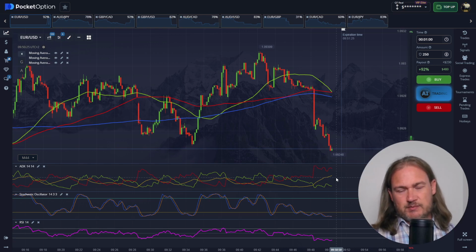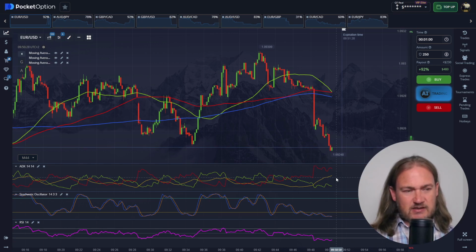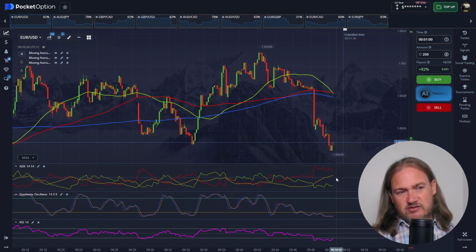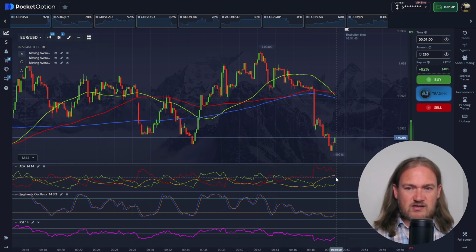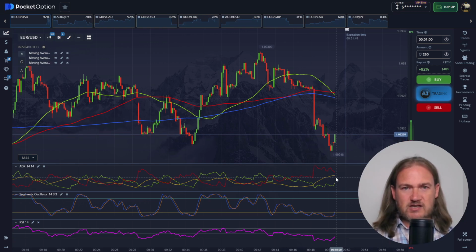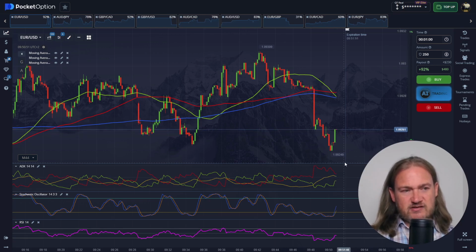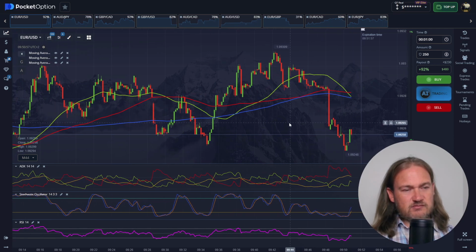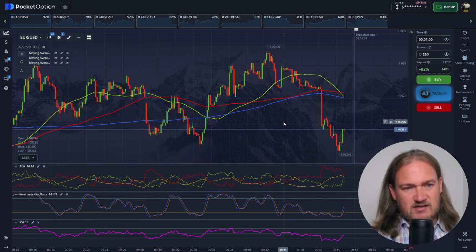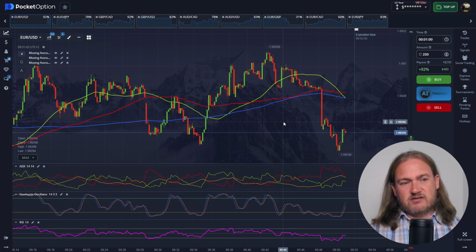Usually it's in these corrections where we might get a hidden divergence setup and then see a continuation of the direction it was in. So please, never do we use the ADX to try and find a reversal of a trend or a direction of a move. It's just showing us that the move is weakening a bit. So like I said, usually that will be where we get some corrections in the move.